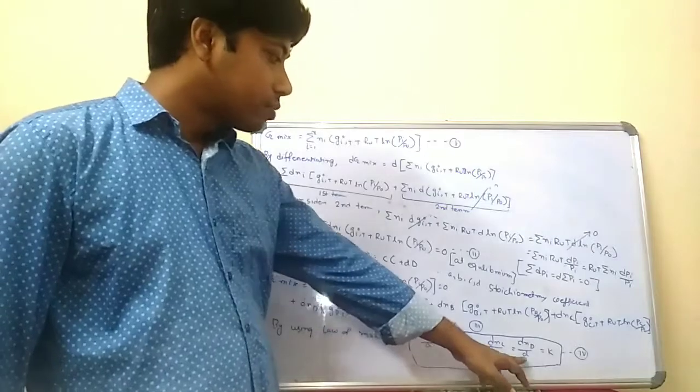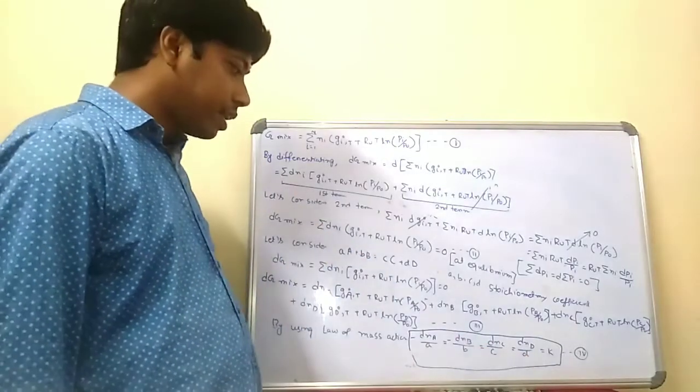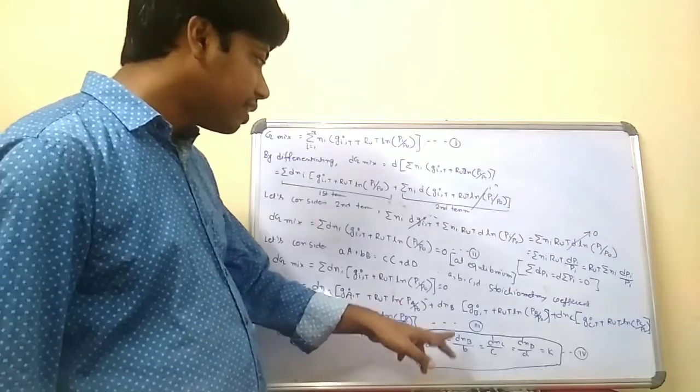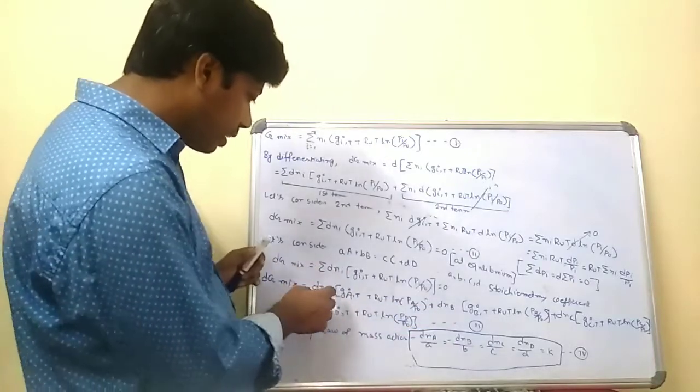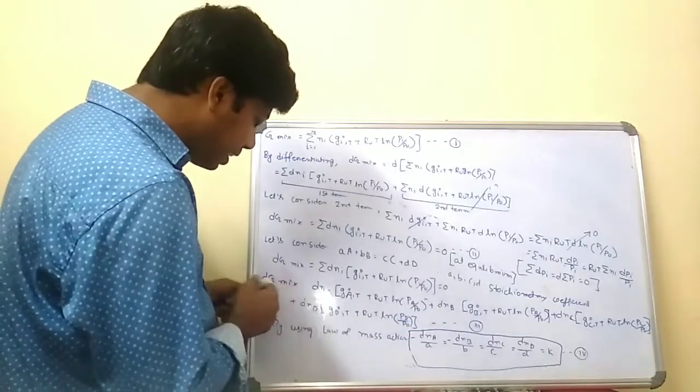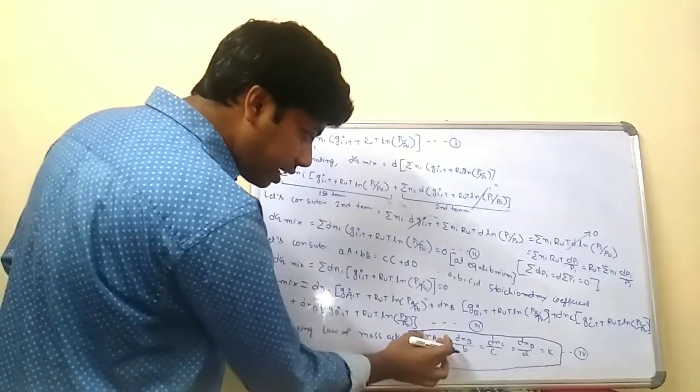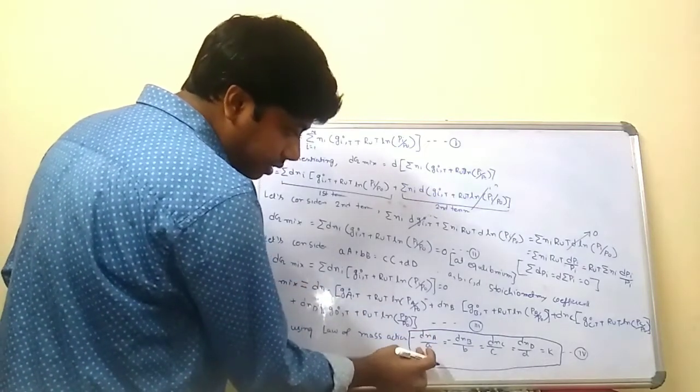So that will be small c and small d, that is equal to k. Okay, if it is equal to k, then dNA is equal to minus a into k. So in terms of dNA from this equation, you can write dNA is equal to minus ak.